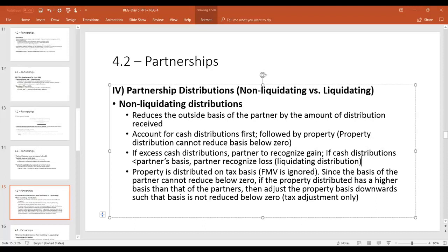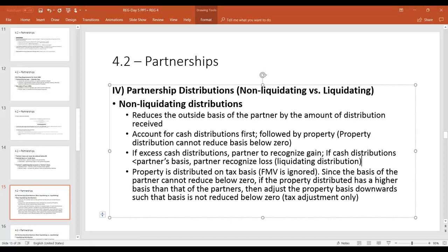But we have to make sure that the property being distributed, its basis cannot be more than the outside basis of the partner. So again, the same example, if the property has a basis of $100, but the partner's outside basis is only $90, I cannot distribute the property at $100 to the partner and have him incur a gain of $10.